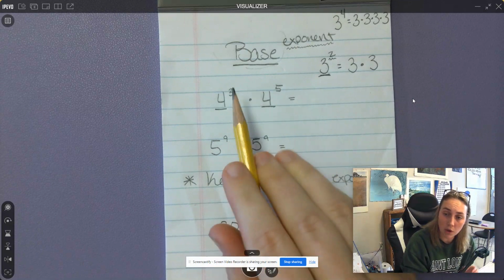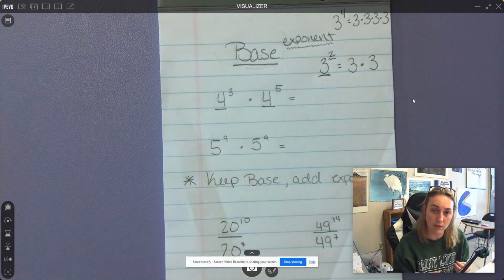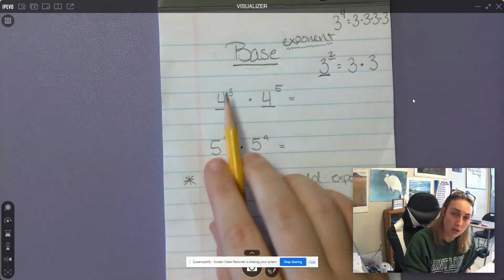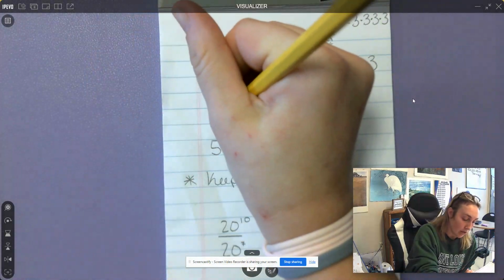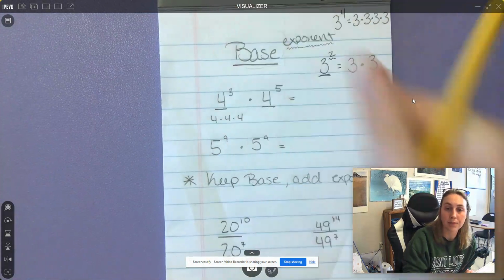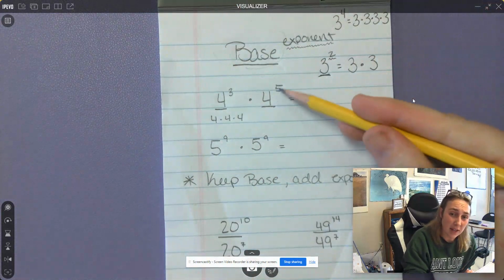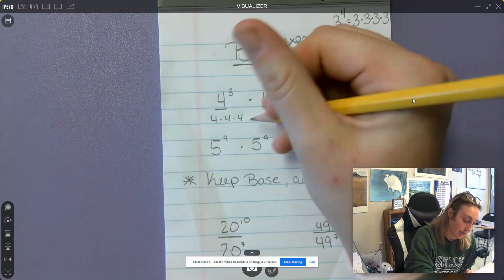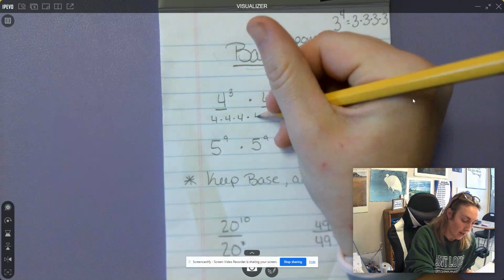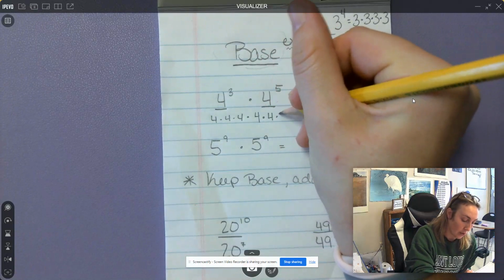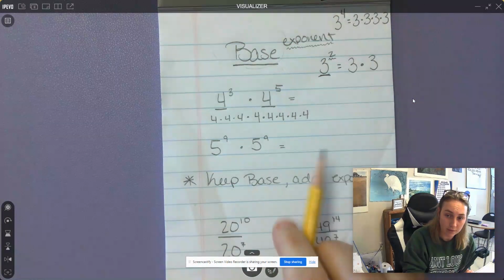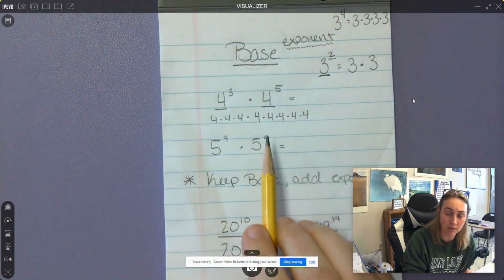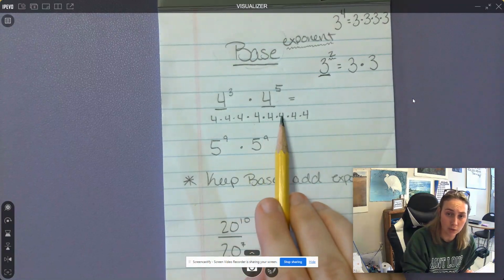So we're going to expand it so we can simplify this. 4 to the third power is the same as saying 4 times 4 times 4. 4 to the fifth power is the same as saying 4 times 4 times 4 times 4 times 4.